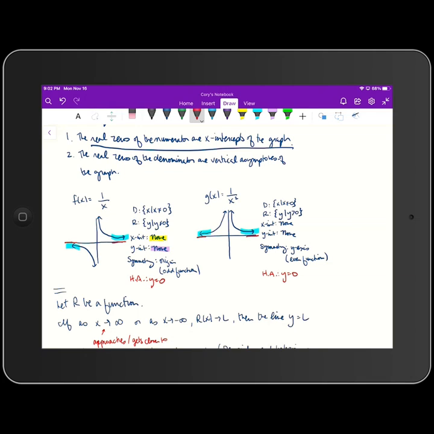Anytime we find an asymptote, we have to write it as the equation of a line. So a horizontal asymptote is the equation of a horizontal line. It's the line y is equal to some number.